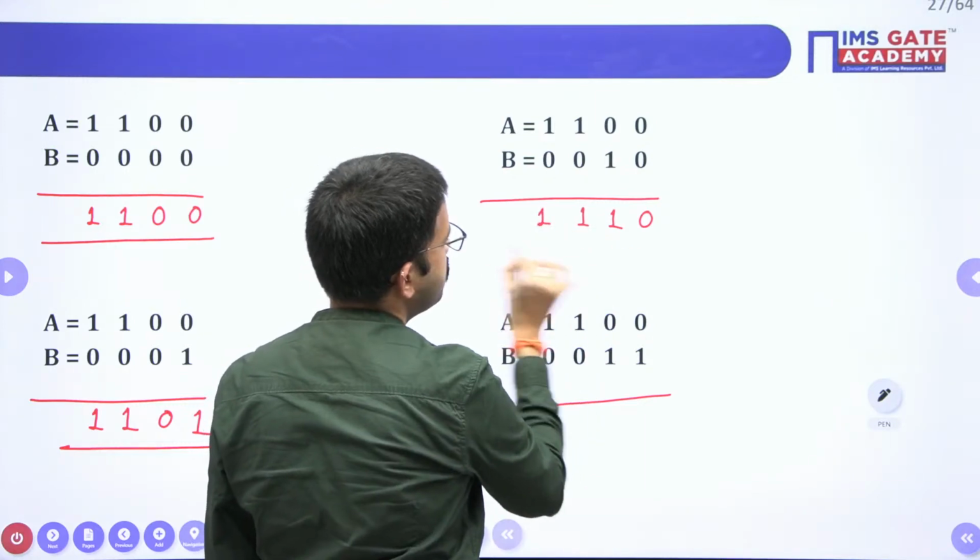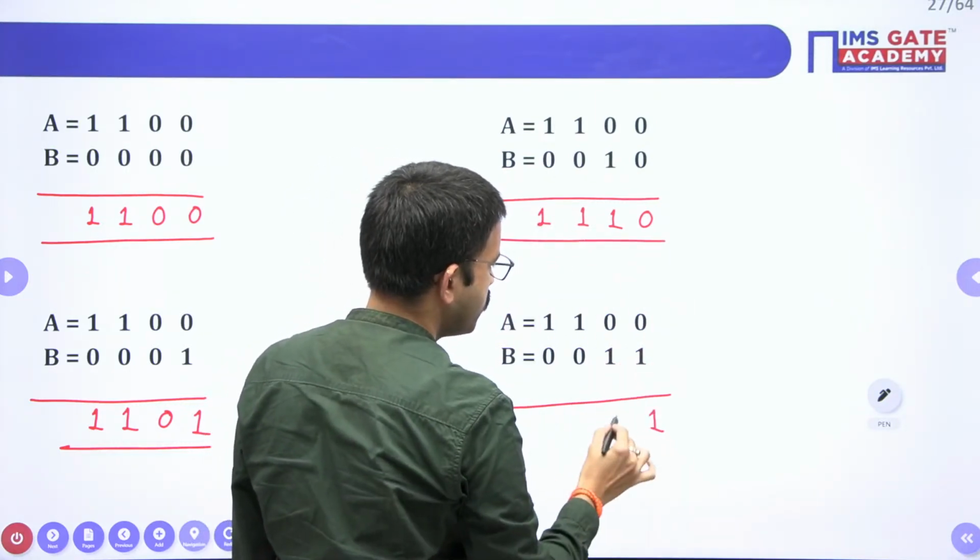I hope all of you are familiar with addition of 2 numbers. So that's why I'm directly writing.